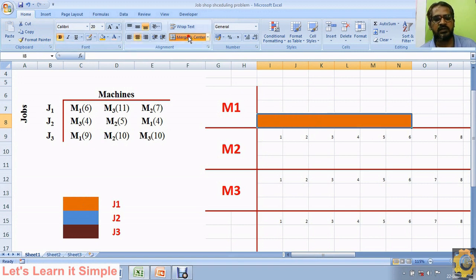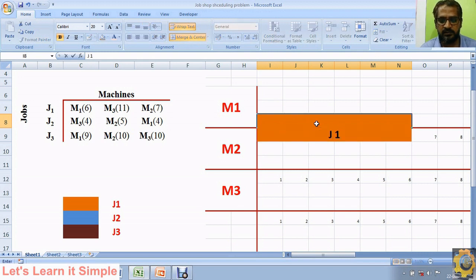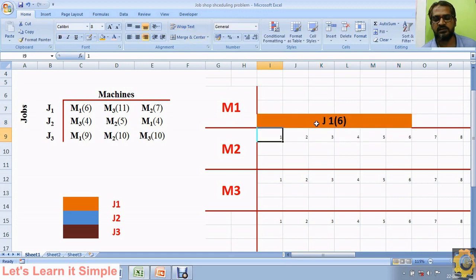We can write here job 1 on machine 1 with the processing time of 6. So this is done, let me highlight this. First job on machine 1 with the processing time unit of 6.